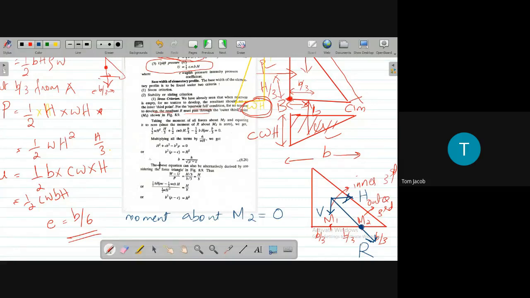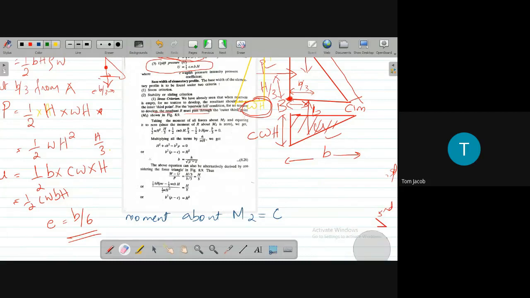First we have 3 forces here: P at a height of H by 3, then W at a distance of B by 3, and U at a distance of B by 3. So we are going to take moment about M2. For that, first let us take the self weight. Let's draw it again, it's not clear.